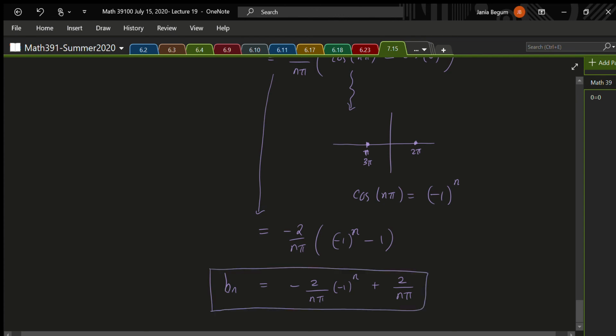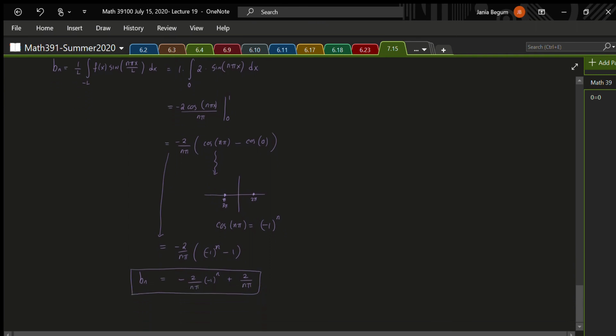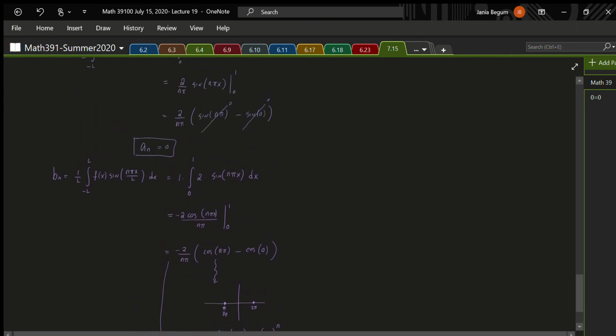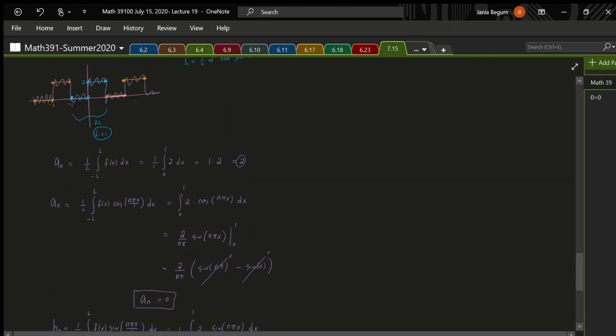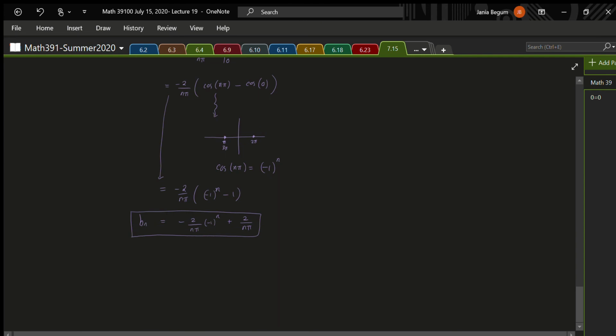So that's Bn. So An didn't survive, Bn survived, and A0 also survived, right? A0 was 2. So we're ready to write out the solution. So our solution to this, the Fourier function for this given piecewise function, is A0 over 2 plus the sum. So remember, An went to 0.